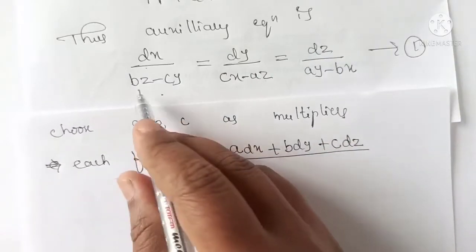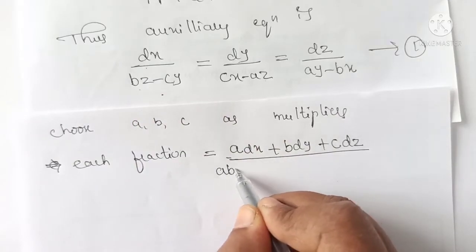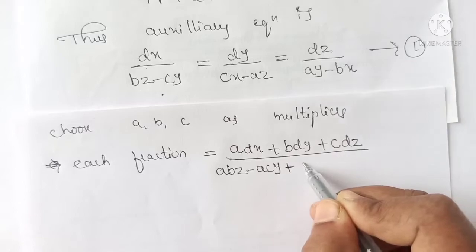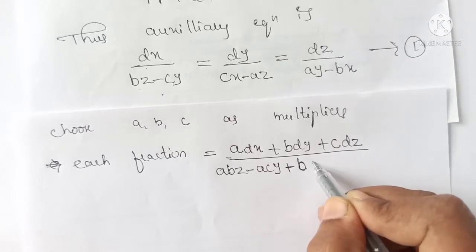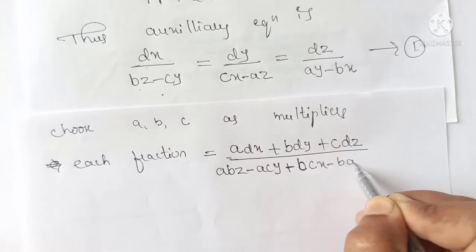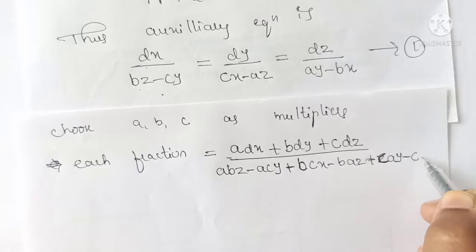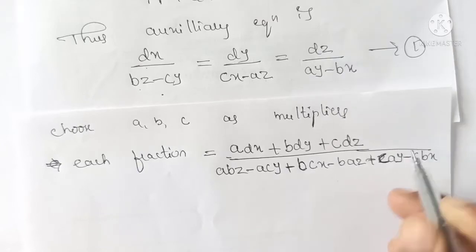Multiplying with a we get abz minus acy plus bcx minus bax plus acy minus bcx.